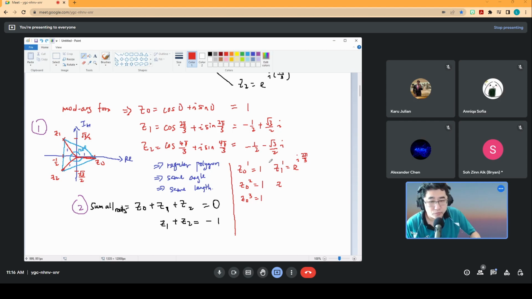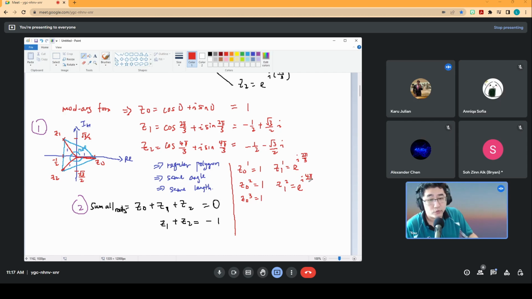Z1 power 2, what do I get? Is it 1 over e to the power of 4π² over 9? e^(i4π over 9).